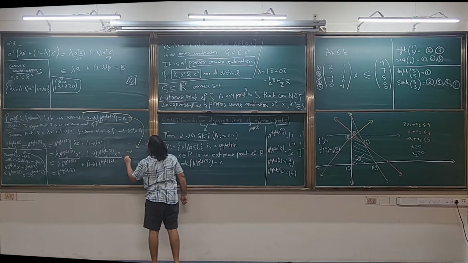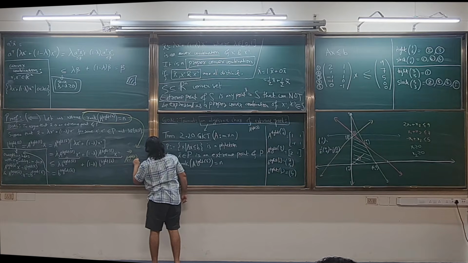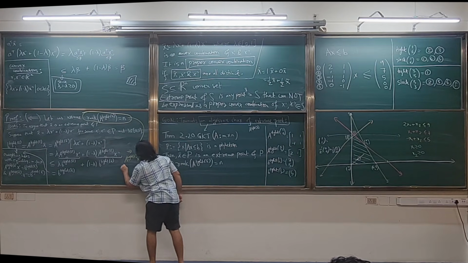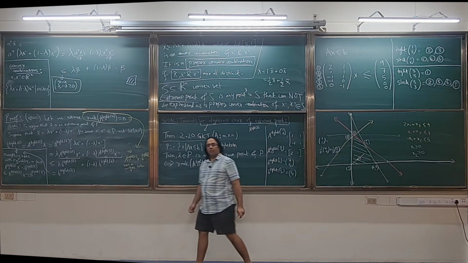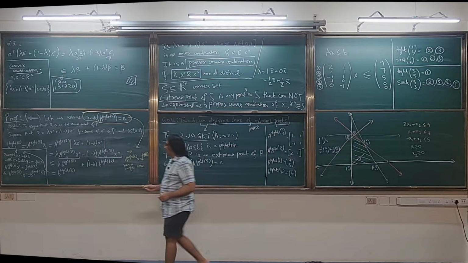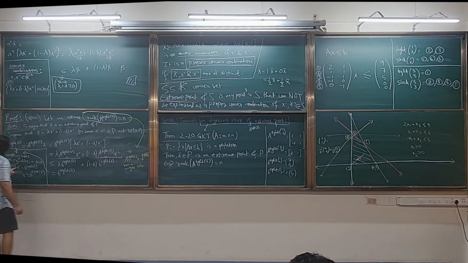Implies that a tight x bar equal to b tight x bar has a unique solution. Right? But that means that all these three are just the same.